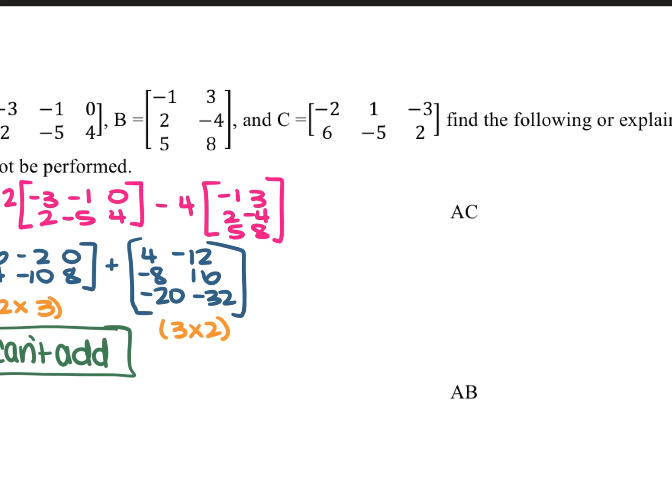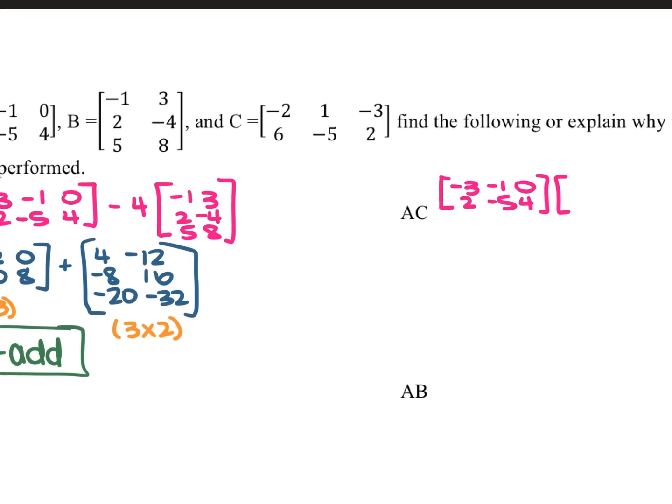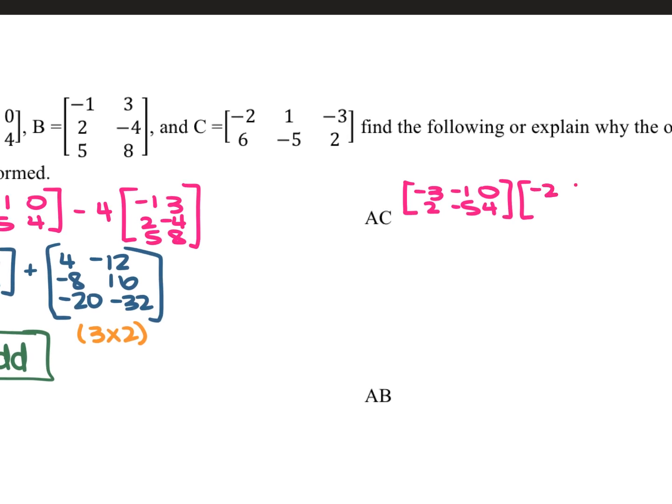For your next example, you're multiplying A and C. So that is the matrix of negative 3, negative 1, 0, 2, negative 5, 4, times C, which is negative 2, 1, negative 3, 6, negative 5, 2.